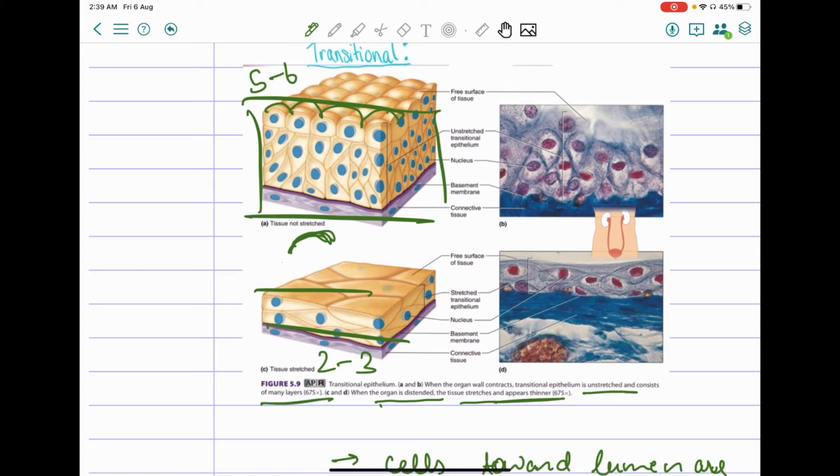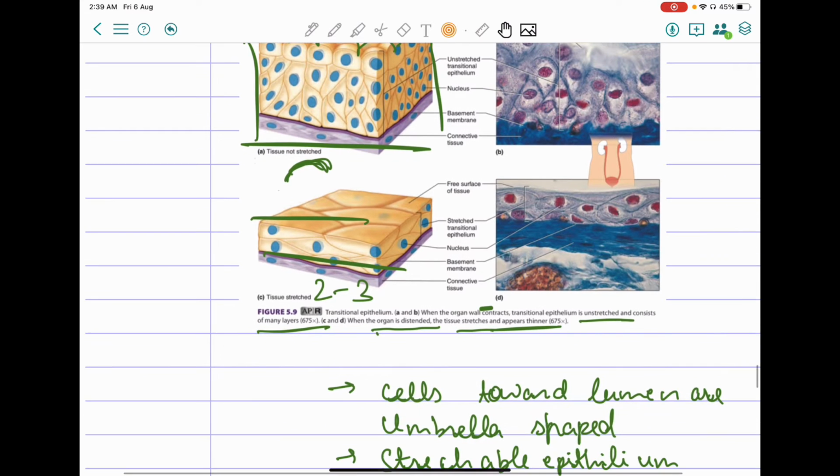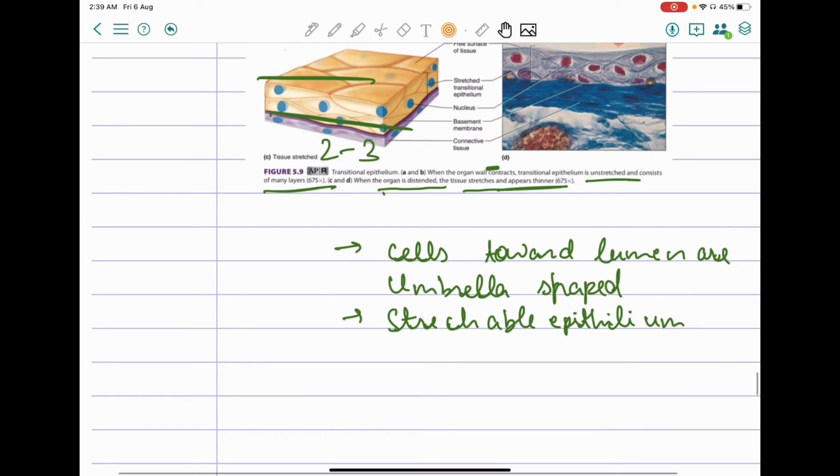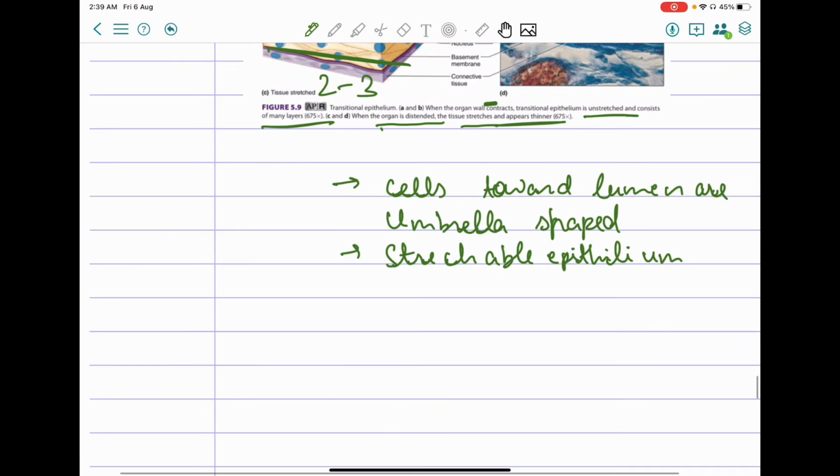When the organ wall contracts, the epithelium is unstretched and consists of many layers. I told you 5 to 6 layers when it is unstretched, and when the organ is distended and the tissue is stretched, it appears thinner. I told you 2 to 3 layers. And what is the third one?